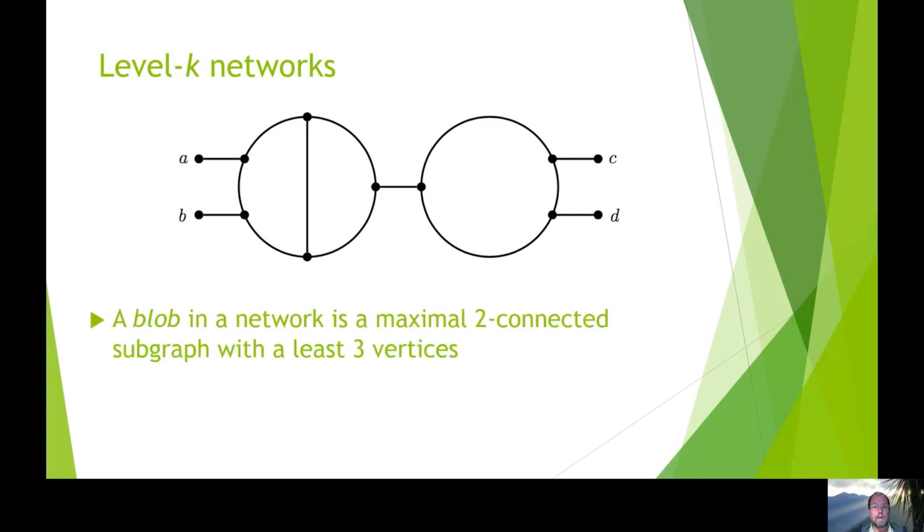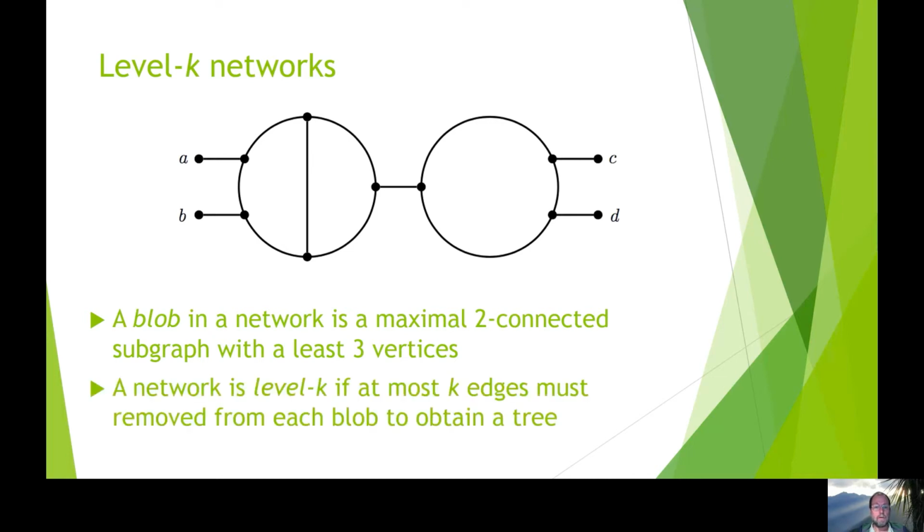Let's begin by understanding what we mean by a blob in the network. This is a maximal 2-connected subgraph with at least 3 vertices. So in this example here of a level 2 network, we have 2 blobs. And we'll call a network level K if at most K edges must be removed from each blob to get a tree.